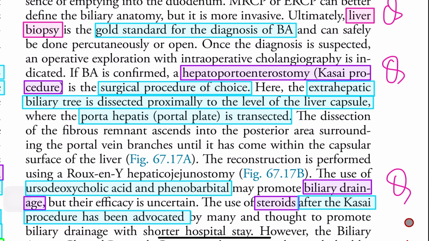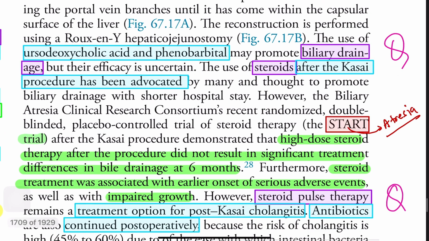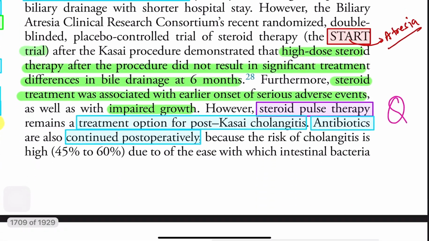The extrahepatic biliary tree is dissected proximally to the level of the liver capsule, where the portahepatis portal plate is transected. In medical treatment, apart from what you studied in Bailey, you can add ursodeoxycholic acid, and phenobarbital also promotes biliary drainage. Steroid after the Kasai procedure has been advocated.